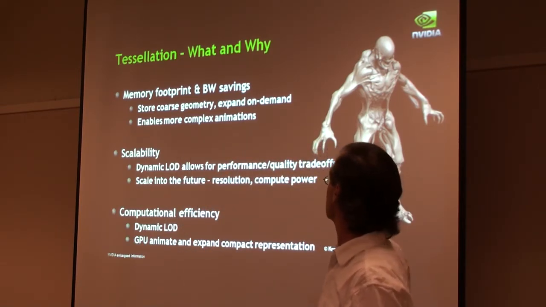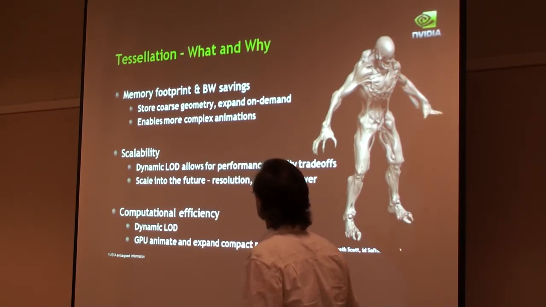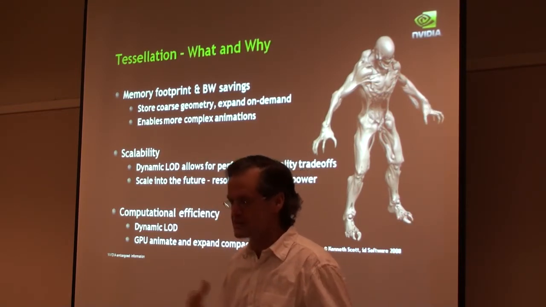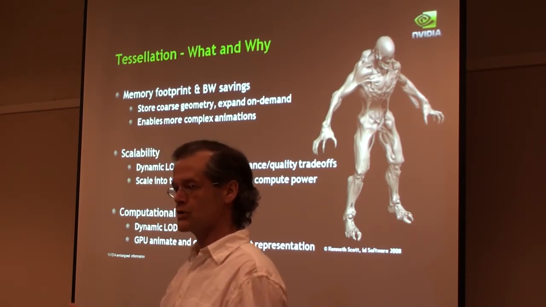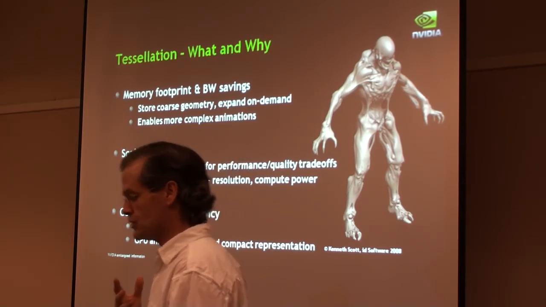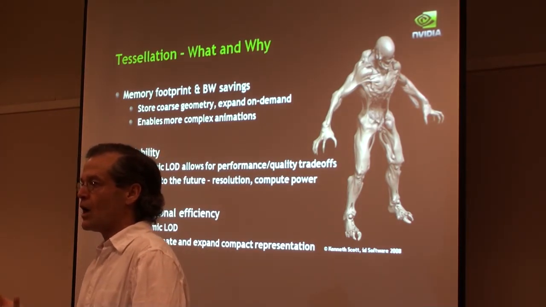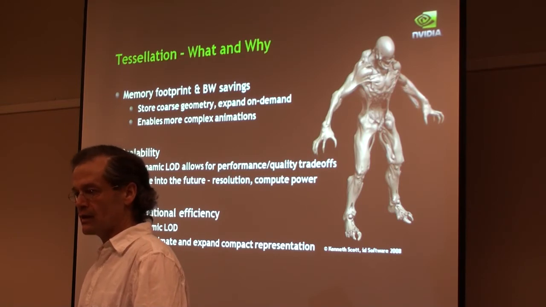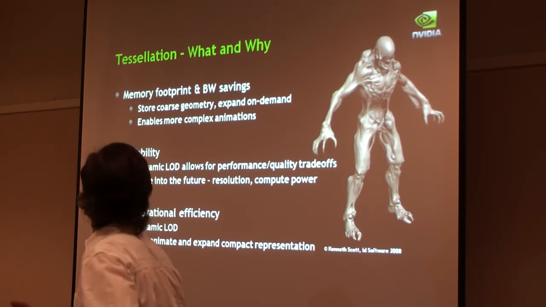It all stays on die. Another aspect is that because the coarse model is a fairly compact representation, you can afford to do fairly complex animations, because you're performing the animation on this sparse, compact representation. So it's much more efficient. Okay?